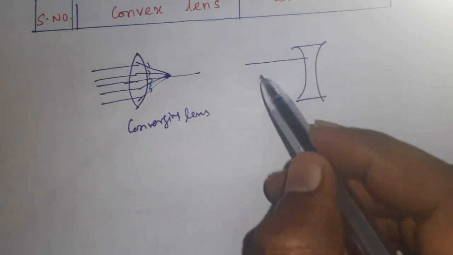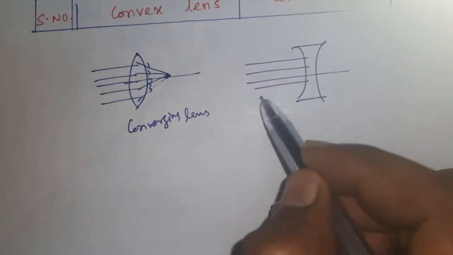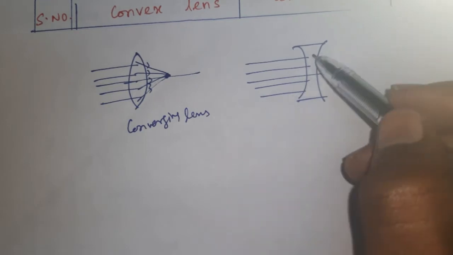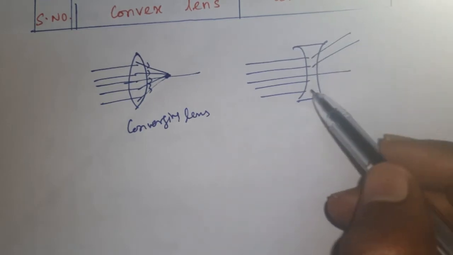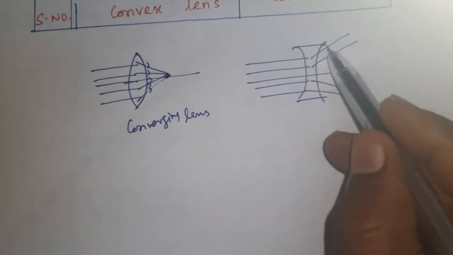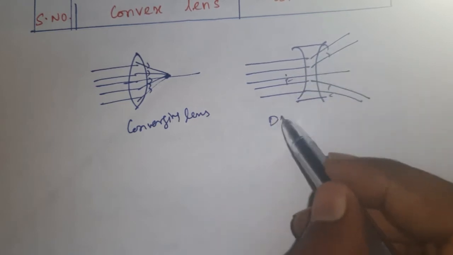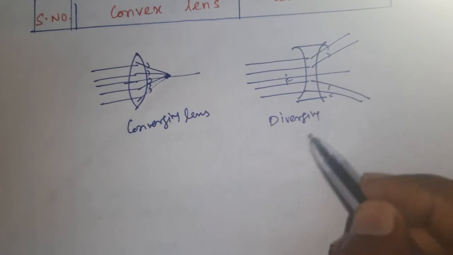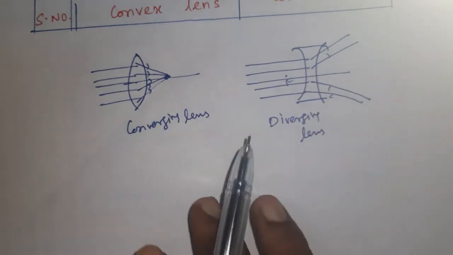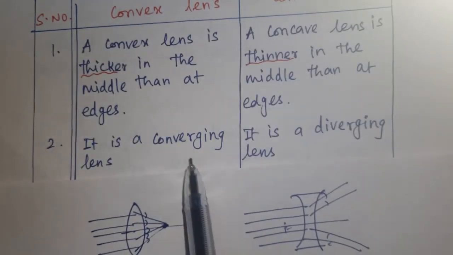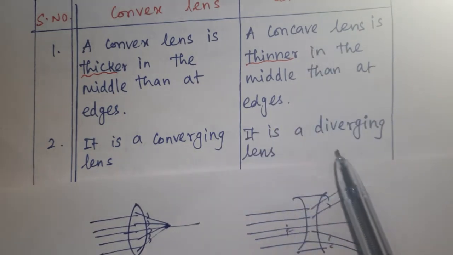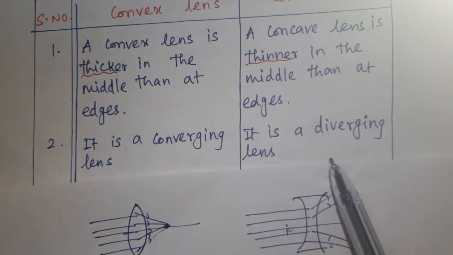When a parallel beam of light is incident on the concave lens, after refraction the light rays diverge away from the focus. Hence it is known as a diverging lens. So the convex lens is known as a converging lens, and the concave lens as a diverging lens.